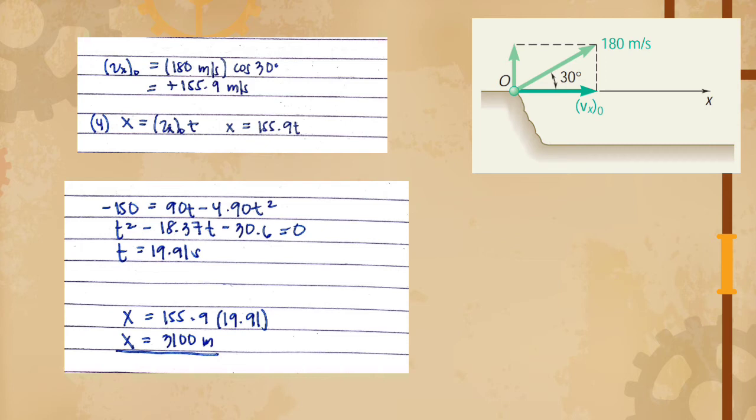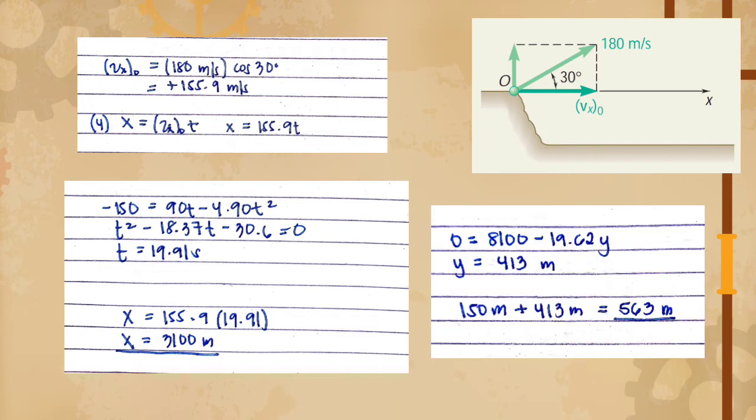When the projectile reaches its greatest elevation, we have v sub y is equal to 0. Carrying this value into equation 3 for the vertical motion, we write 0 is equal to 8,100 minus 19.62y, and we got our value of y, which is equal to 413 meters.